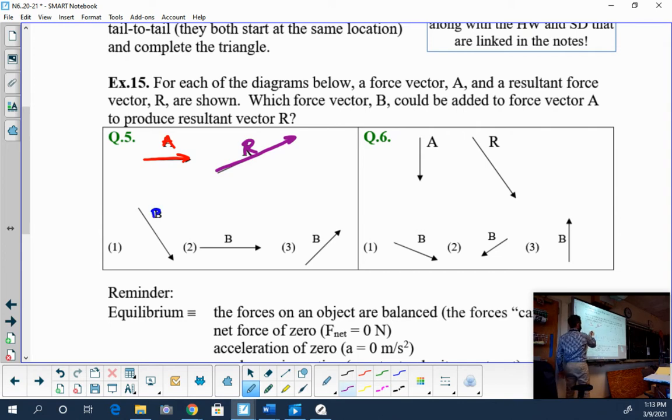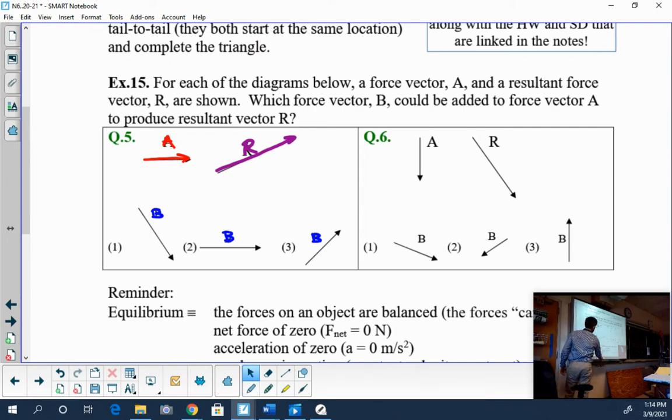Is it choice 1B, choice 2B, or choice 3B? The key idea here is recognizing that the components combine head to tail to form the resultant. The components are the long way, the resultant is the shortcut. So if you recognize what's going on here, you say, oh, A plus B has to equal R.